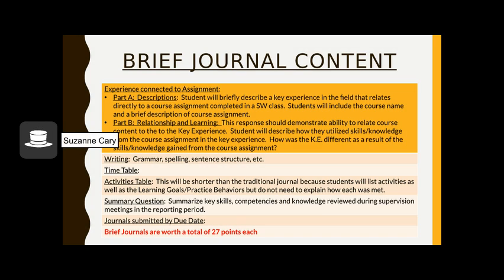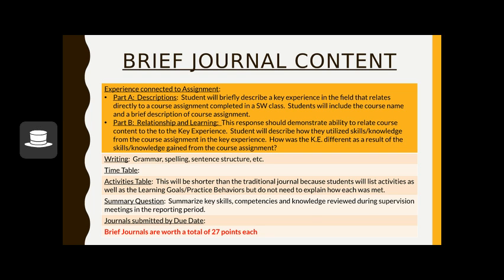So now let's talk about the template for journals 2 and 4, which we call our brief journal. So students really gave us feedback that our journals were really long, and we did require some pretty intense critical thinking. So we figured in this new brief journal.